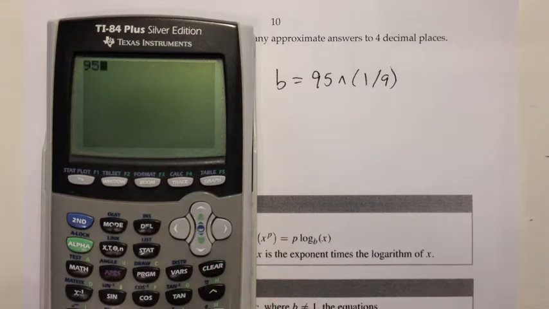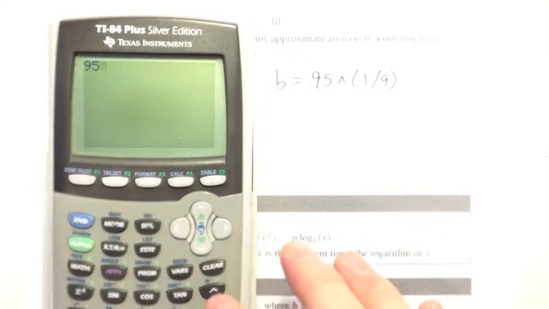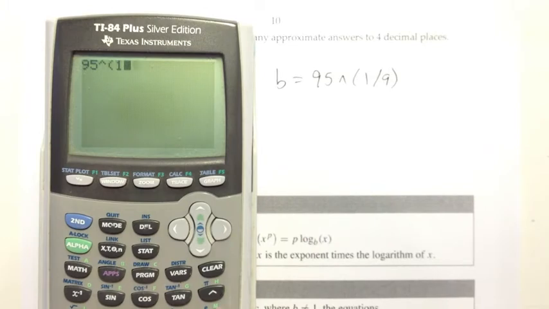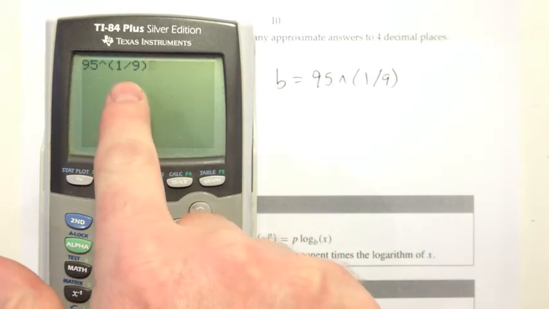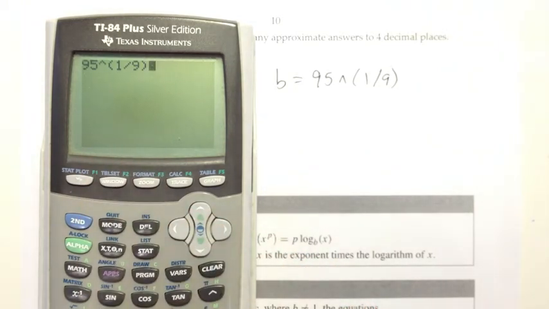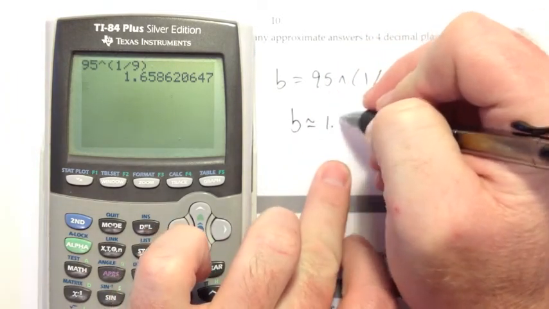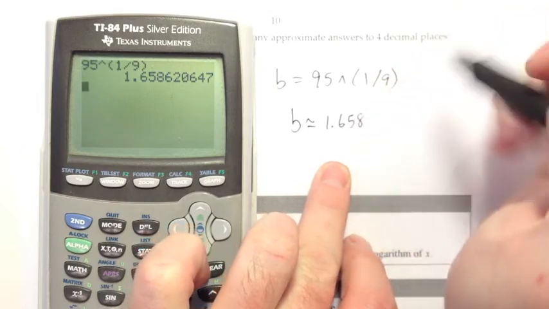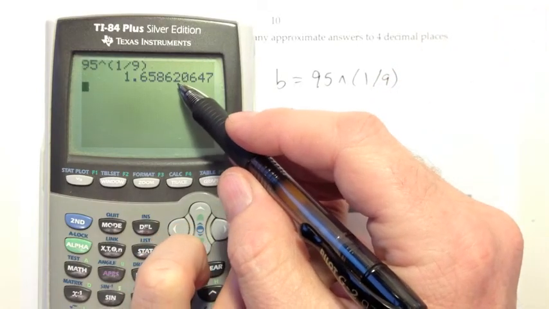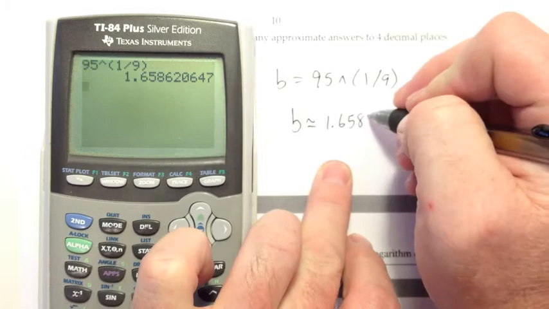So I take 95 and I raise that to the 1/9 power. Remember, when you're raising things to fractional powers, that the fraction has to be in parentheses, otherwise that won't work quite right. And then there's my answer, and I want to approximate it to 4 decimal places. So b is approximately 1.658, and the next digit is a 6, and followed by a 2, so we'd keep it as a 6.